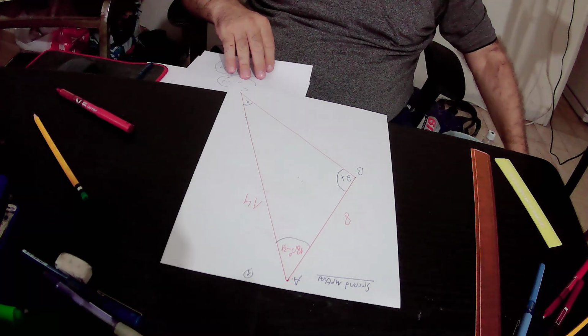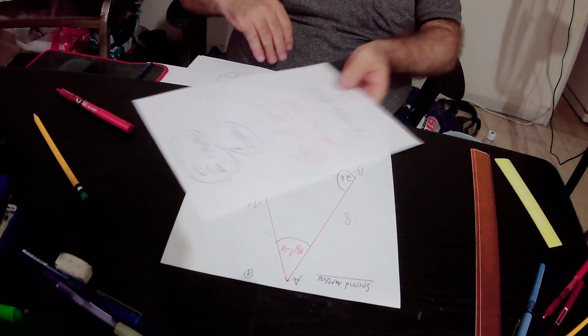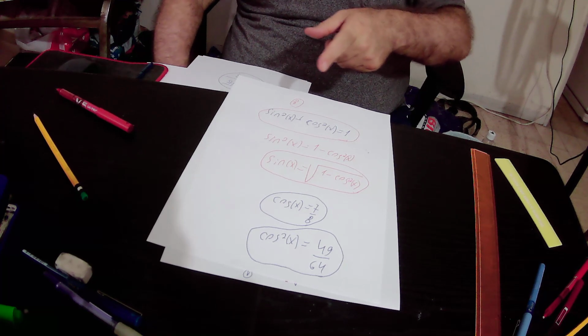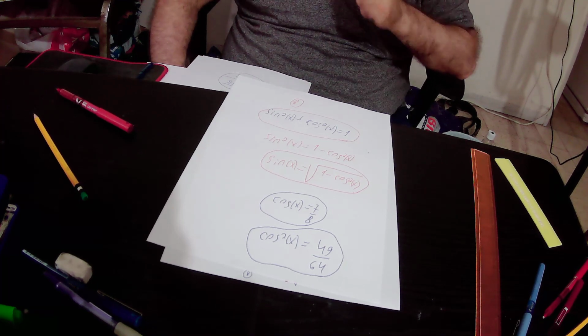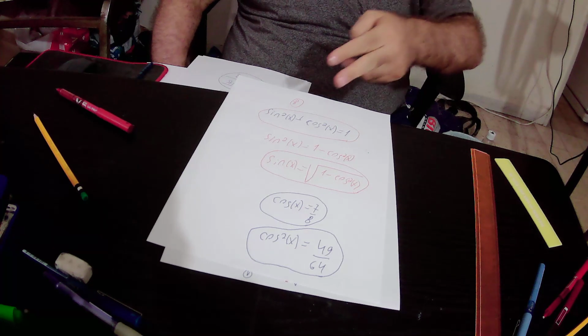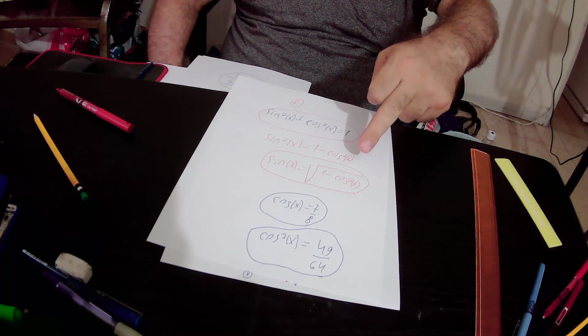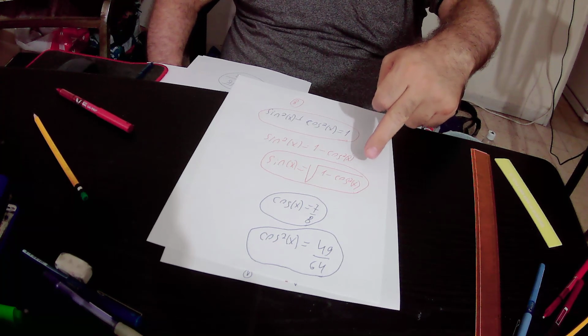And then we have the following trigonometric identity that states that sine squared x plus cosine squared x equals 1. From this equality we get that sine x equals the root of 1 minus cosine squared x.